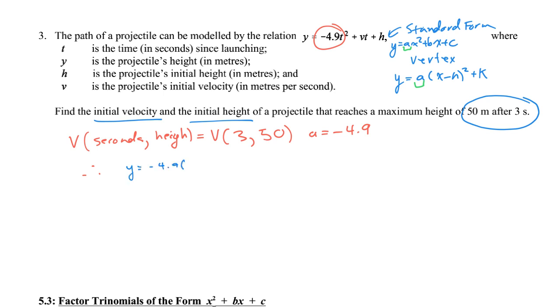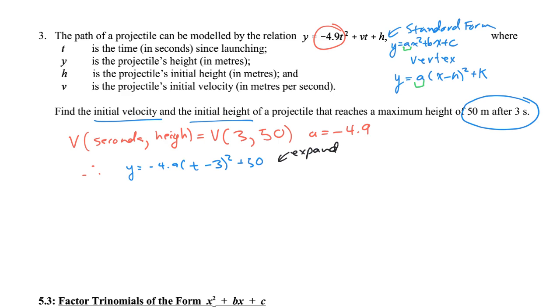Instead of x minus h squared like we have here, we're going to use t, because t is the time that we use. t minus 3 squared plus 50. So now all we have to do is expand. Based on our expansion, we know that this squared means that this part of our equation must be doubled.